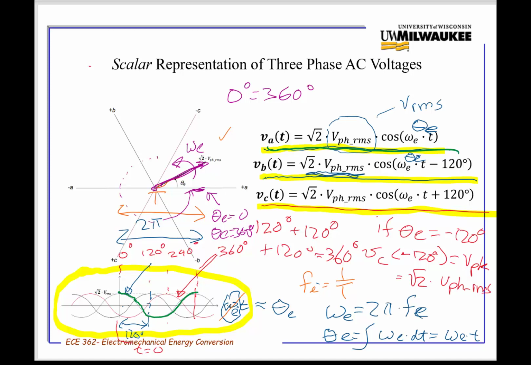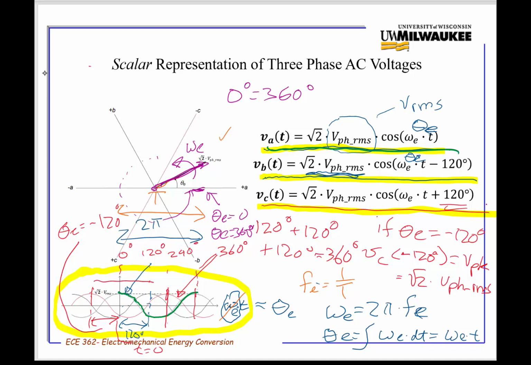So that means that I'm going to come back to the C voltage and this angle right here, and when do I hit my peak? I have a peak here that is at theta e equals negative 120. I'm going to hit that peak again right here.